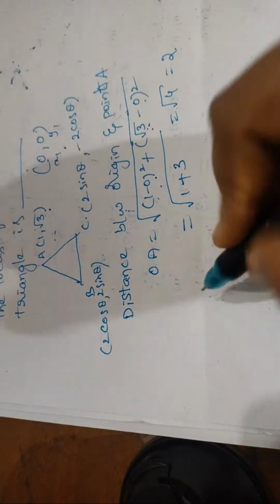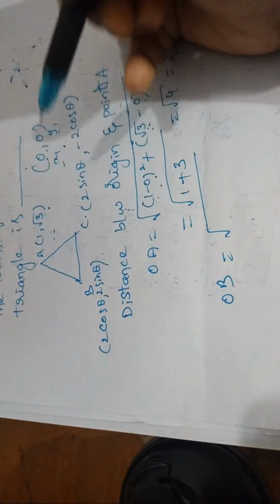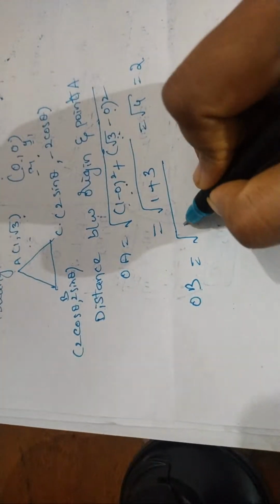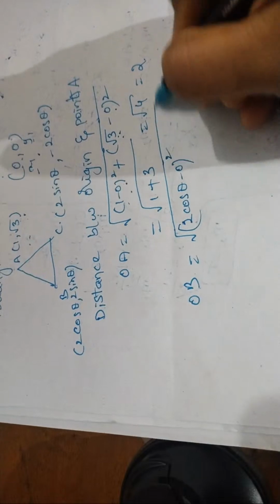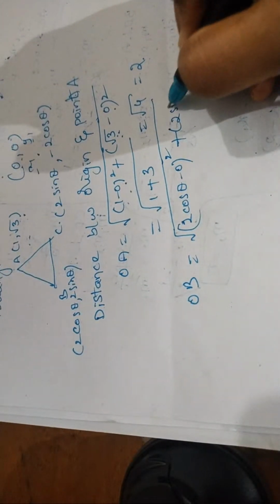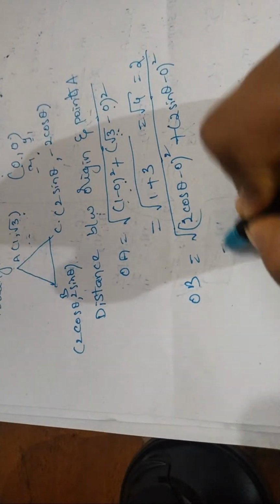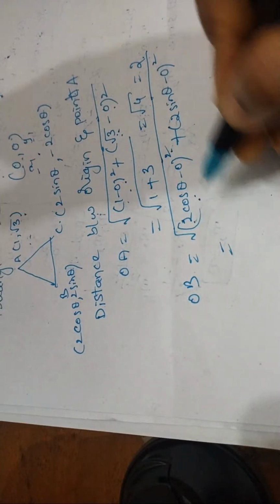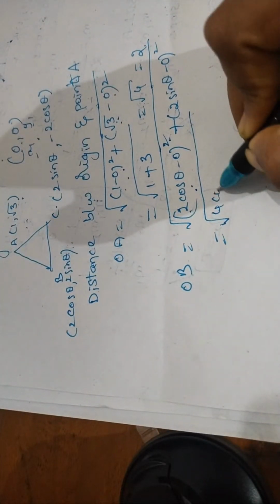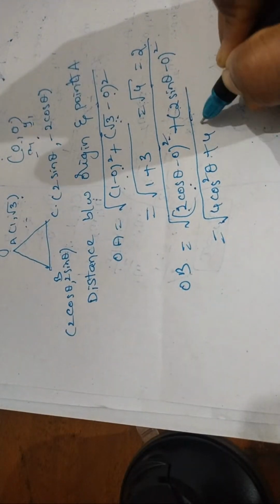Now next OB, the distance between O and B. Square root of (2 cos theta minus 0) whole square plus (2 sin theta minus 0) whole square. That is 2 square cos square theta, which is 4 cos square theta, plus 4 sin square theta.